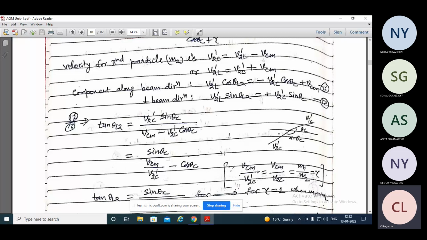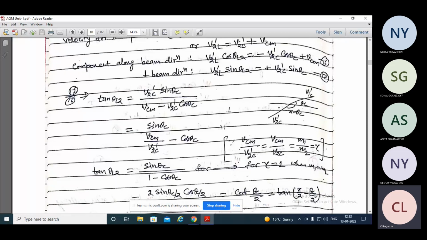So exactly the same thing: if you want to calculate the ratio of the velocity of center of mass to the velocity of the second particle in sequence after scattering, exactly the same thing, the ratio of M1 and M2 is denoted by gamma.